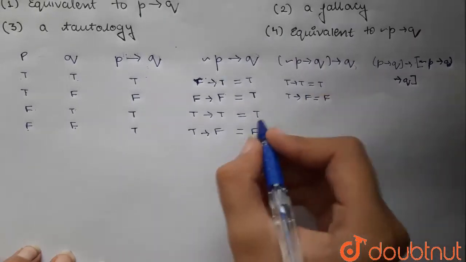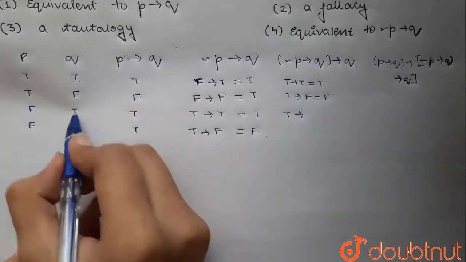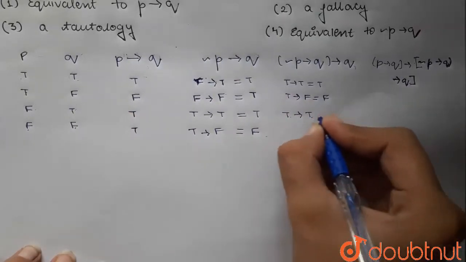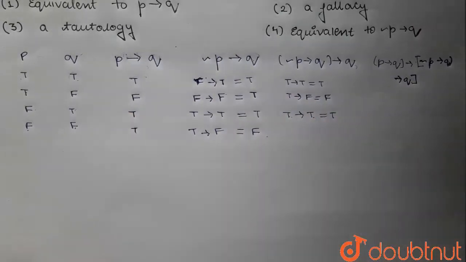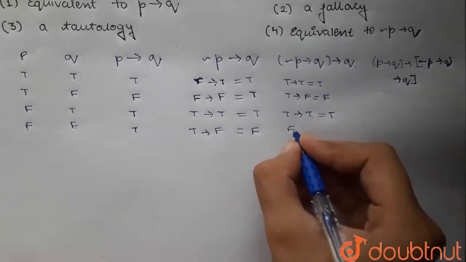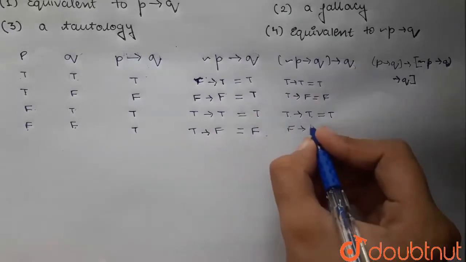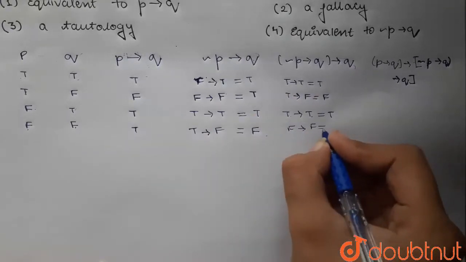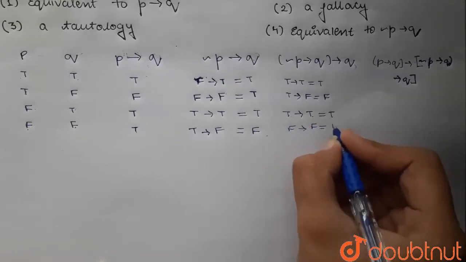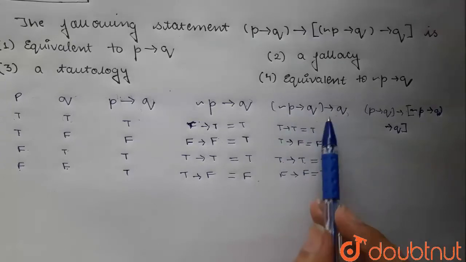Now the next value is true implied with true, which is true. The next value is false implied with false, both the same on the implication sides, so this is true. So the final values of this expression are these.